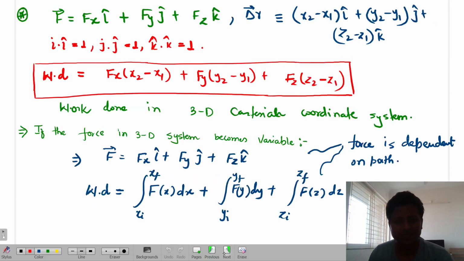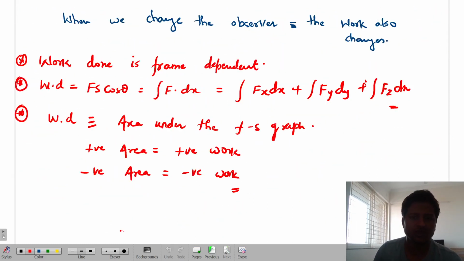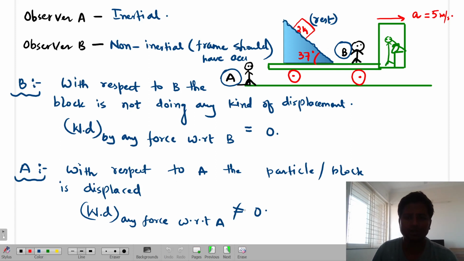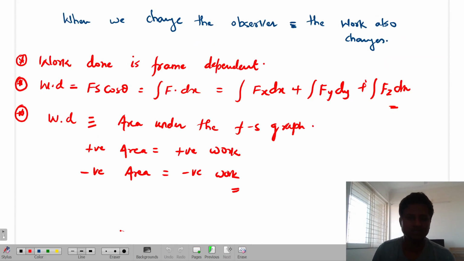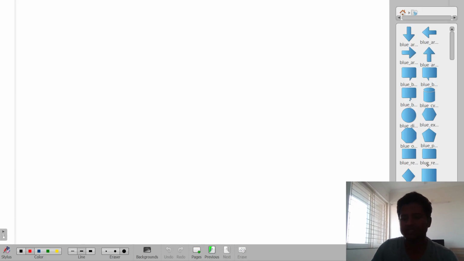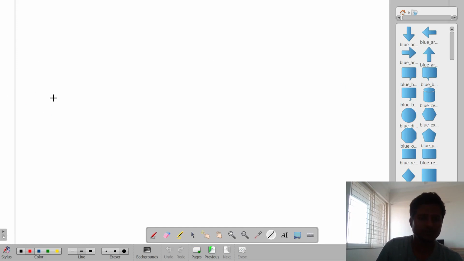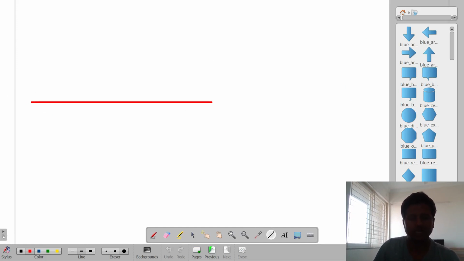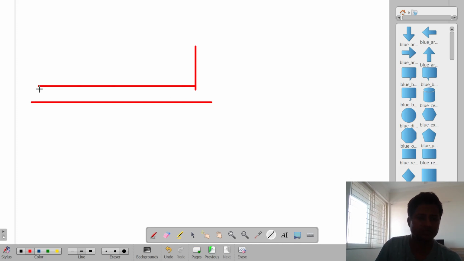Then we were doing one case. Let us solve this question now. Let us try to imagine this question. First task will be to understand the development of this problem, and that task involves the most important thing, which is resolution of forces, isn't it?